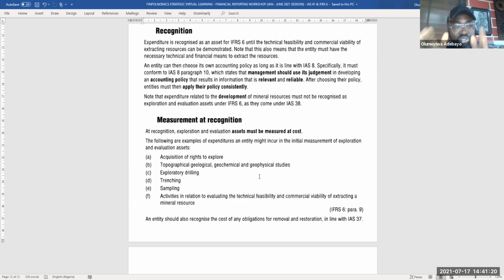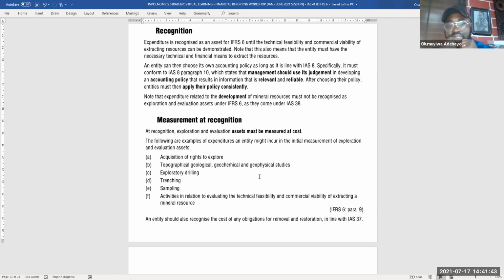E&E assets will be measured at cost. And what is the cost? The cost represents the transaction price at which those expenditures were incurred. Nothing more. They will not be carried at a depreciated cost, neither will they be carried at fair value or any other value other than at cost.